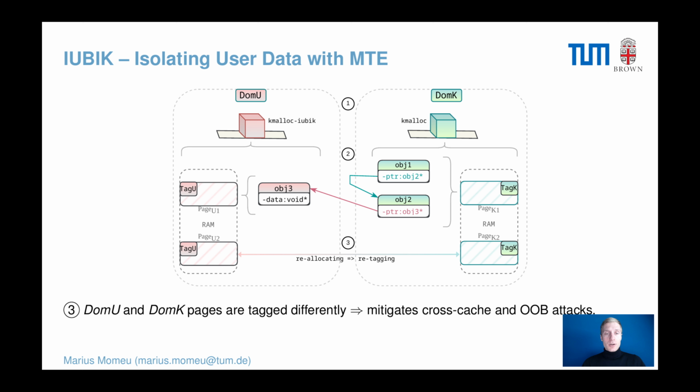This mitigates cross-cache attacks because any dangling pointer that might have emerged while the physical page was used in the previous domain will be tagged with a different tag than the current physical page's tag. And this segregated architecture also neutralizes overflows from one domain into the other because, again, MTE will block accesses to pointers that don't have the same tag in hardware.